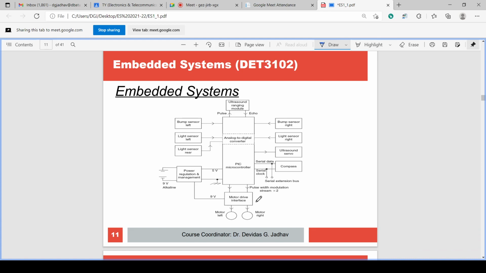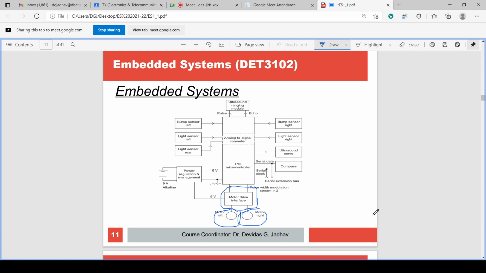Then there is a motor driver interface, and these are the motors: left side motor and right side motor. Two motors will be there. Sometimes four motors are used: two on the front side of the robotic buggy and two more on the back side.